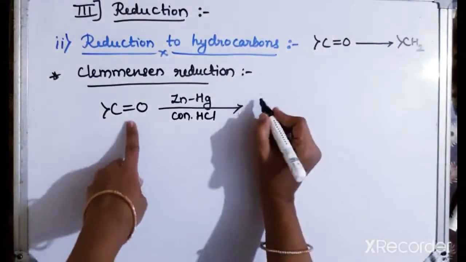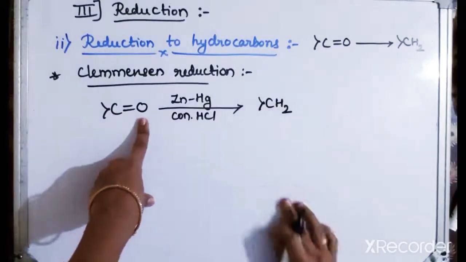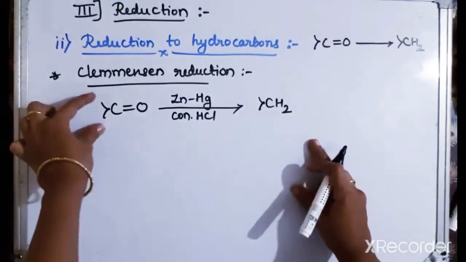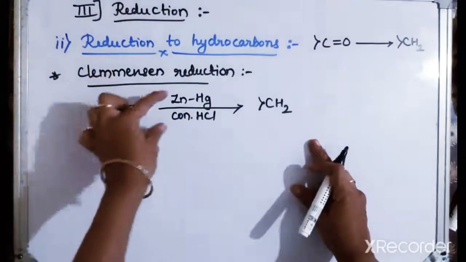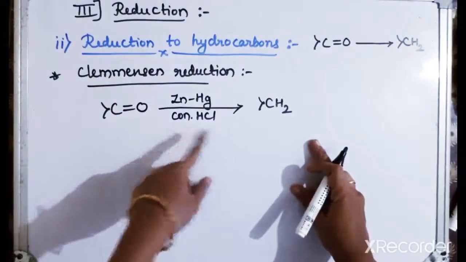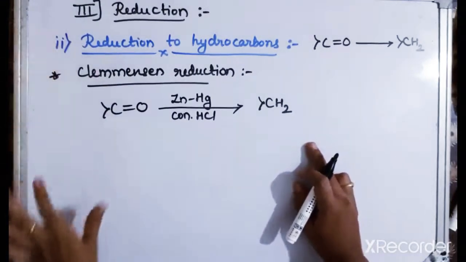So the carbonyl group is reduced to CH2. Aldehydes and ketones are treated with zinc amalgam in concentrated hydrochloric acid to give the respective hydrocarbon. This is called Clemmensen reduction.